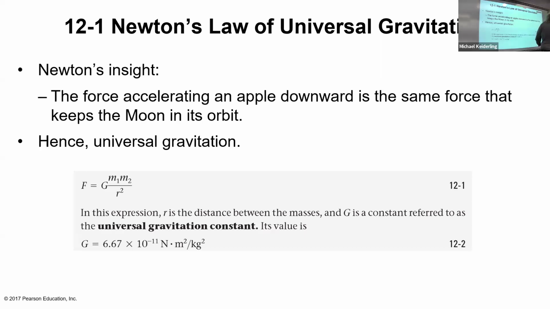The formula for the force of gravity is big G times mass 1 times mass 2 over the distance between the objects squared. Big G is the universal gravitational constant, which is 6.67 times 10 to the minus 11 meters squared per kilogram squared.